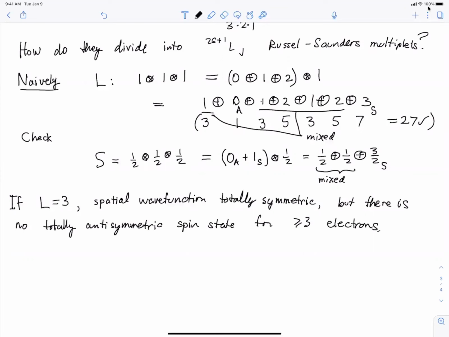So we conclude from that that actually L cannot be 3. Even though it's in the list here of the allowed things, when we actually try to make an anti-symmetric state out of it, we can't. So that one we can just cross off. Okay, so we conclude L cannot be 3.